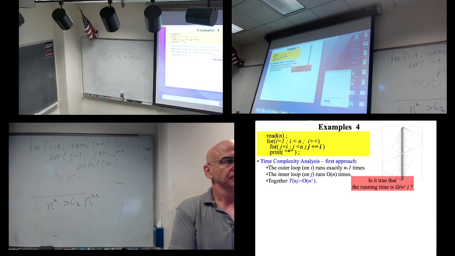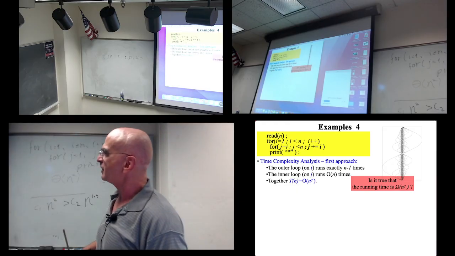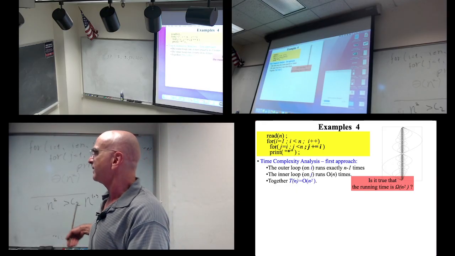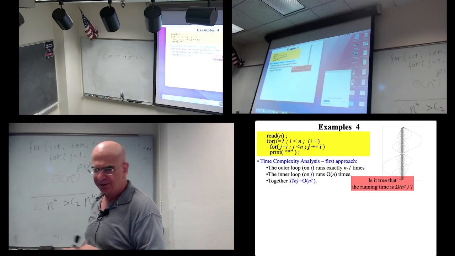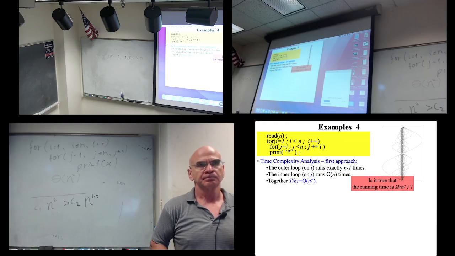Big theta of n? That's a bit too optimistic, because it will be more than n. When i equals 1, the first iteration takes linear time. But then what happened to the other iterations? They just take constant time.